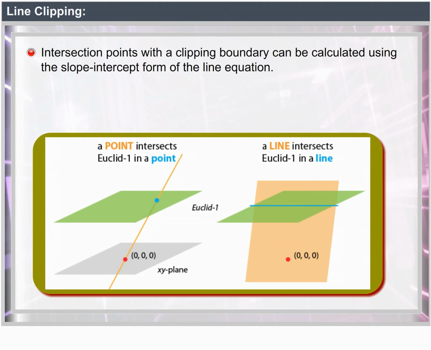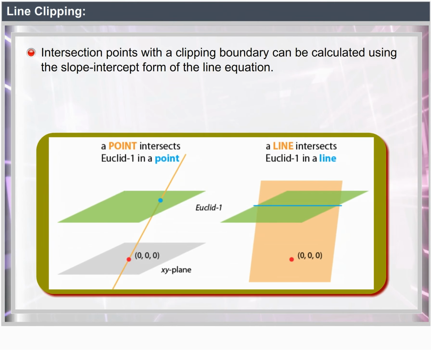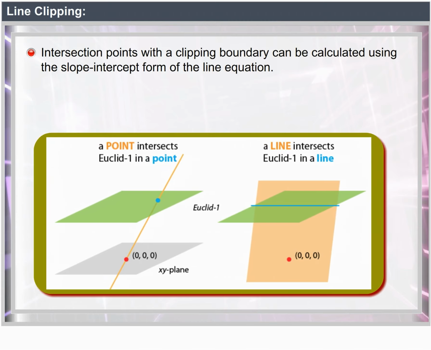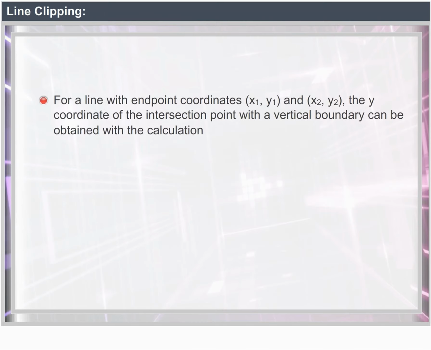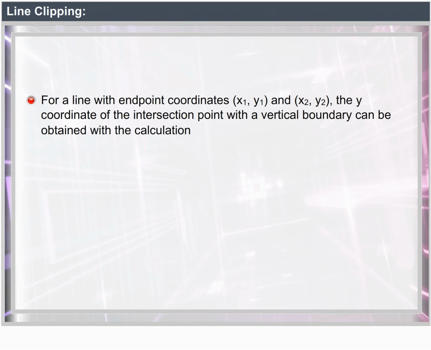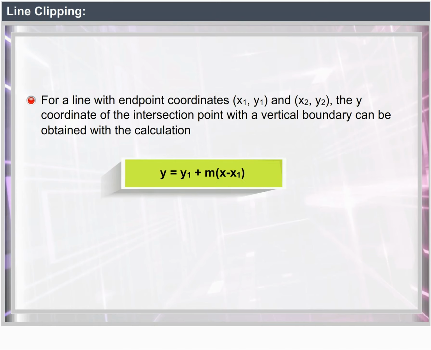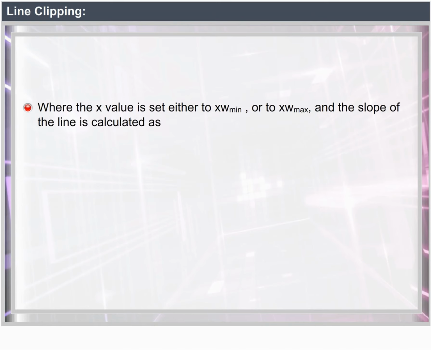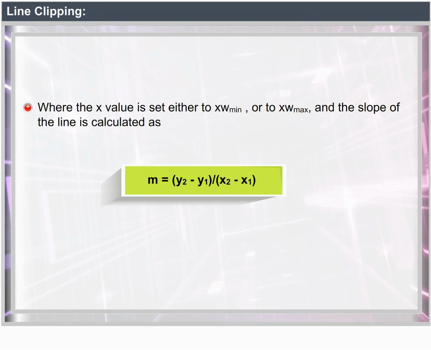Intersection points with the clipping boundary can be calculated using the slope-intercept form of the line equation. For a line with endpoint coordinates x1, y1 and x2, y2, the y-coordinate of the intersection point with the vertical boundary can be obtained with the calculation y equals y1 plus m times (x minus x1), where the x value is set either to xwmin or to xwmax, and the slope of the line is calculated as m equals (y2 minus y1) over (x2 minus x1).